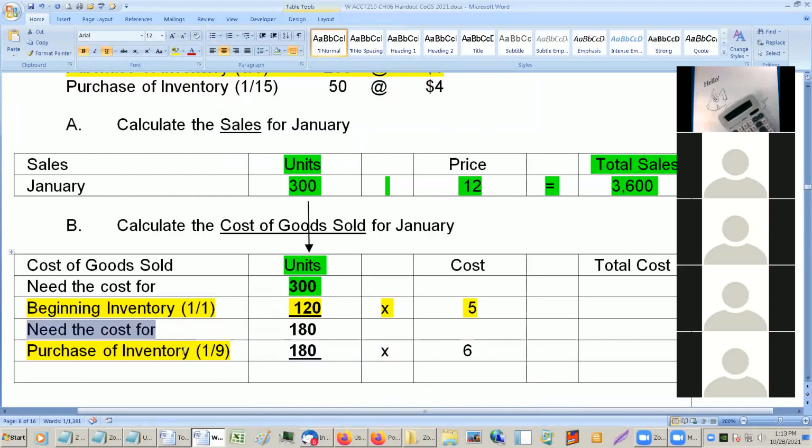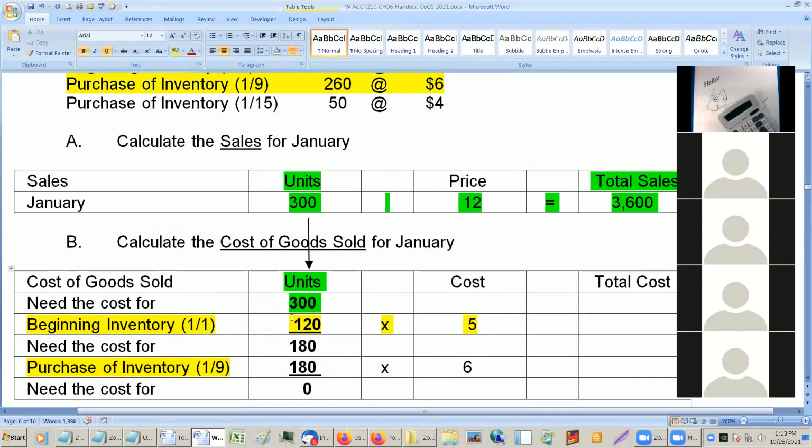And you do not need to do this, but I'm just doing it to kind of round it out. We don't need the cost for anymore, but we found the cost for all 300. We have the 120 and the 180.